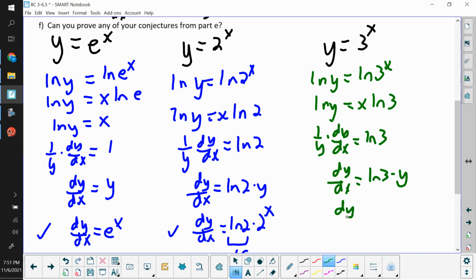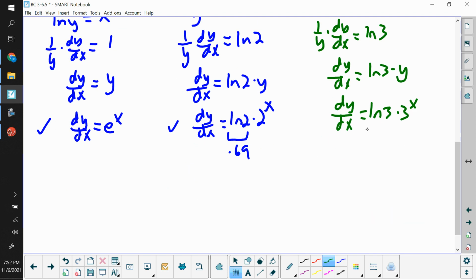And in the end, we'll get dy dx is equal to natural log of 3 times 3 to the x. Well, natural log of 3's value is around 1.10 or so, if you round it to 2 places. When you multiply by that, it's a little bit bigger than the original graph. So we, in fact, did just prove that.